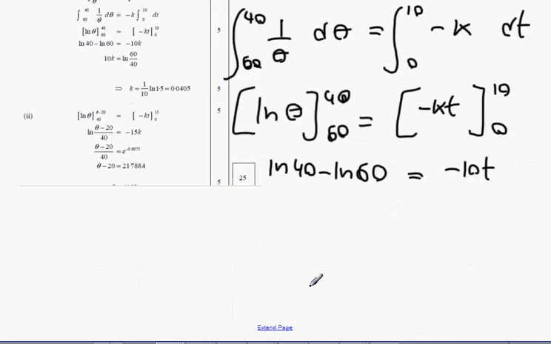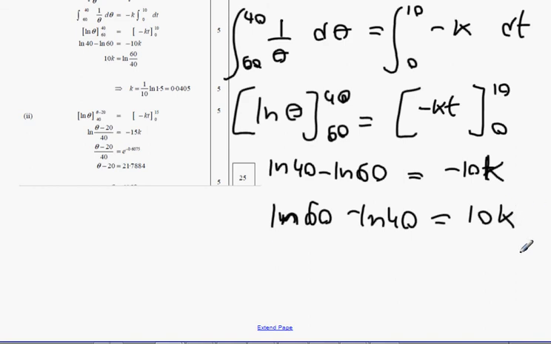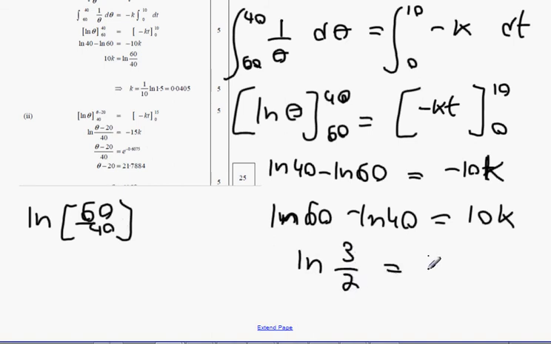Multiply both sides by negative 1, so we get ln 60 minus ln 40 equals 10k. And then ln 60 minus ln 40 is ln 60 over 40, which is ln 3 over 2. ln 3 over 2 equals 10k. K therefore is 1 over 10 ln 3 over 2.